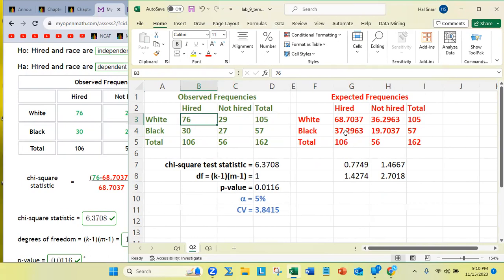And then when you look at the expected frequency of black and hired, it is greater than the observed frequency. So here we conclude there's a dependency, but what's going on here is blacks are hired at a higher rate than whites because their expected frequencies are greater than their observed frequencies.